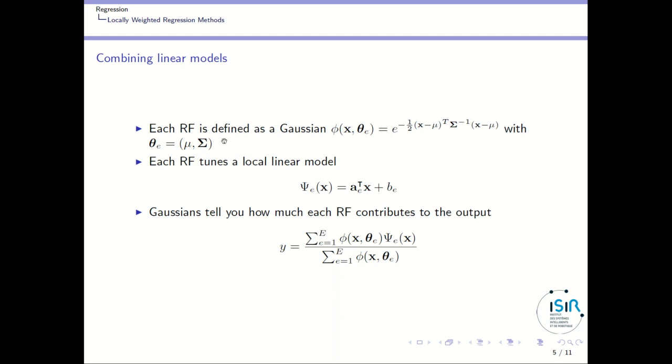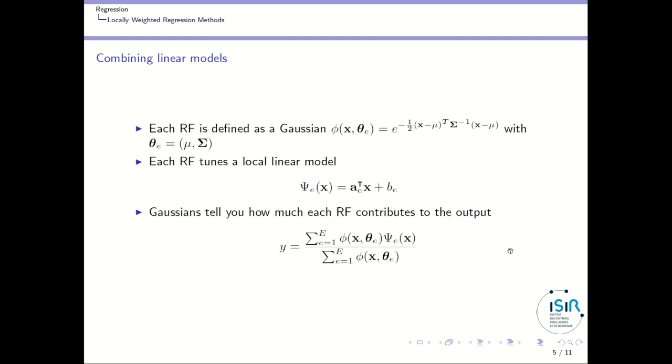In each of these domains, or receptive fields, you have a local linear model whose formula is here. And finally, as I said, you multiply the linear model with the relative importance of the Gaussian, so that's the local Gaussian divided by the sum over all Gaussians here. That gives you the output at any point given the input x that you are traveling through.